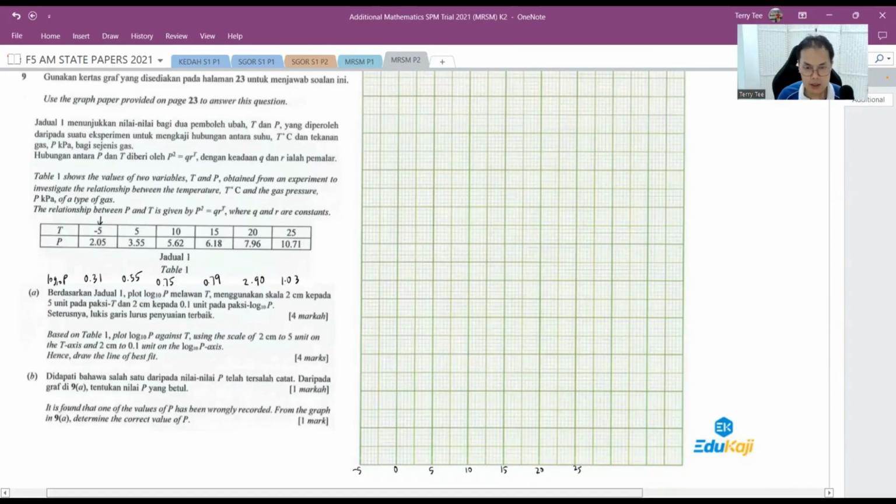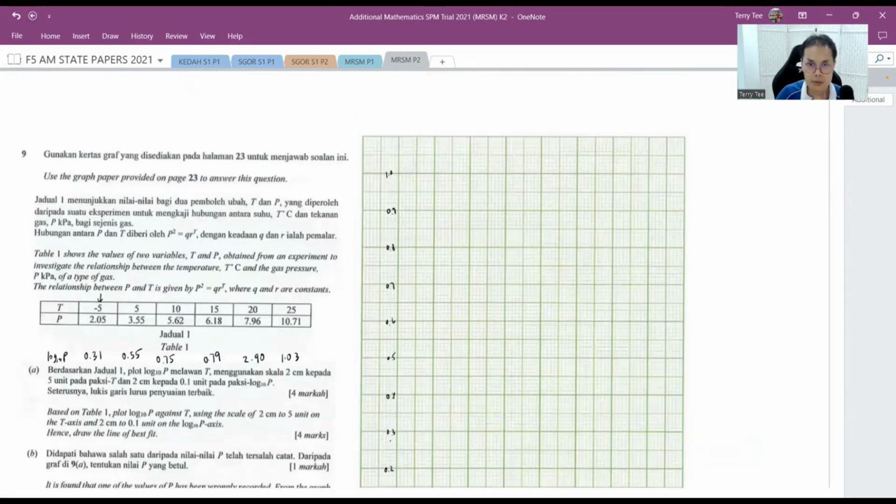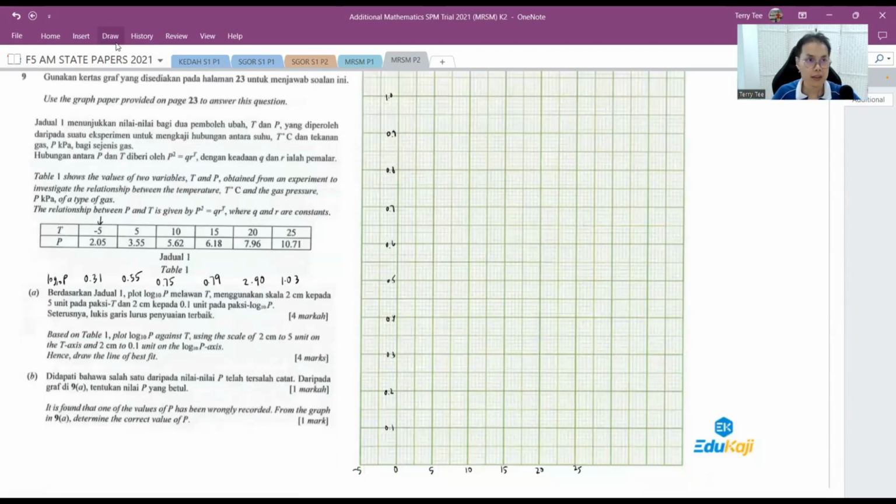Okay. Now, next, for your y value, the scale is 0.1. So 0 is here. So I'm going to put 0.1, 0.2, 0.3, 0.4, 0.5, 0.6. Largest is 1.03, 0.7, 0.8, 0.9, 1.0. Now, the highest will be 1.05. And this will be your log P. Okay, I need to draw line here.